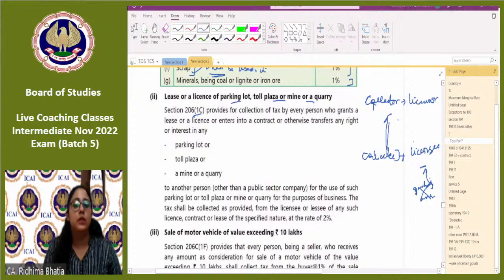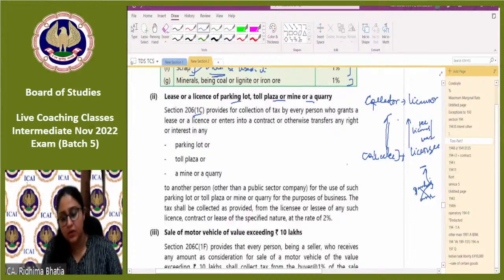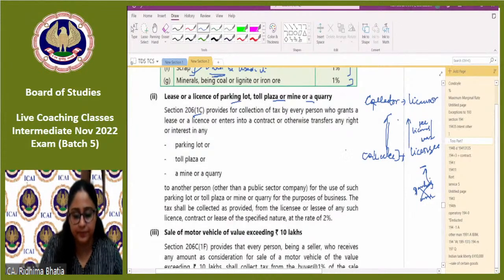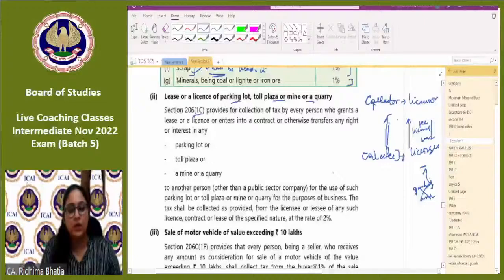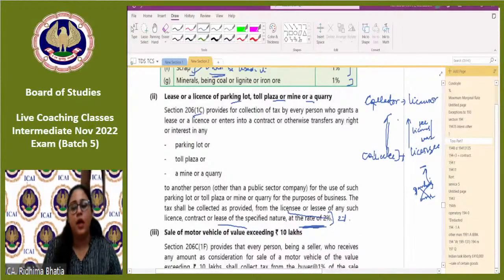So on that amount which they will be paying as a license fee or as a lease amount, the collector will collect TCS. What would be the rate? The rate would be 2%. So collector would be the licensor.